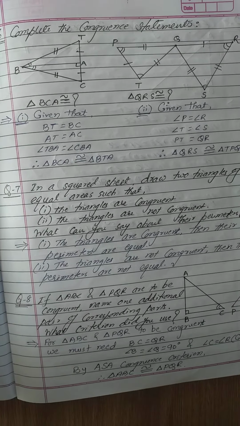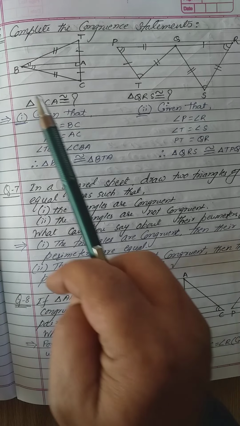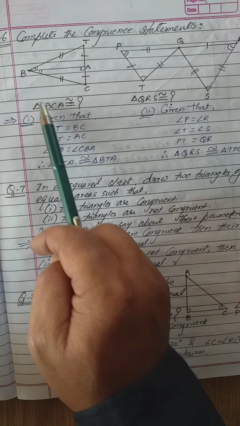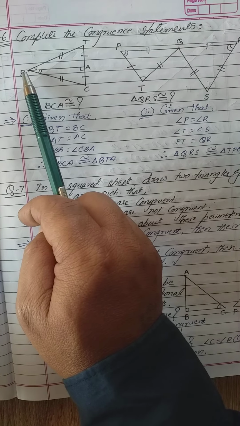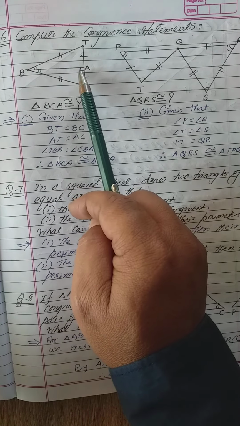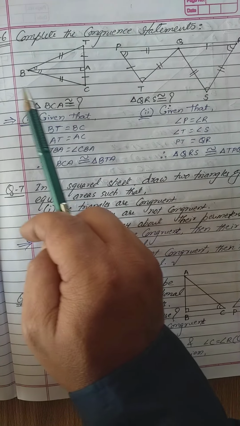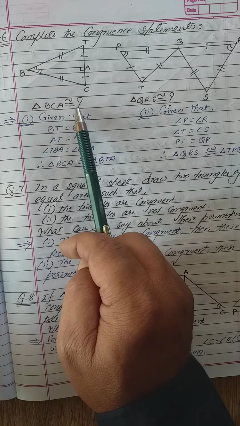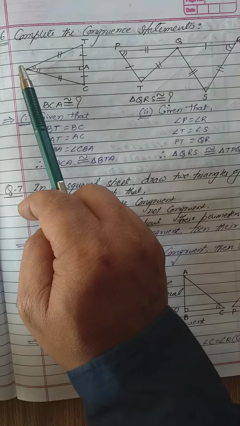Complete the congruence statements. Here, for the first one, you can see two triangles BCA and BTA have been given. Where A is the right angle, we have to write the congruent part of triangle BCA.